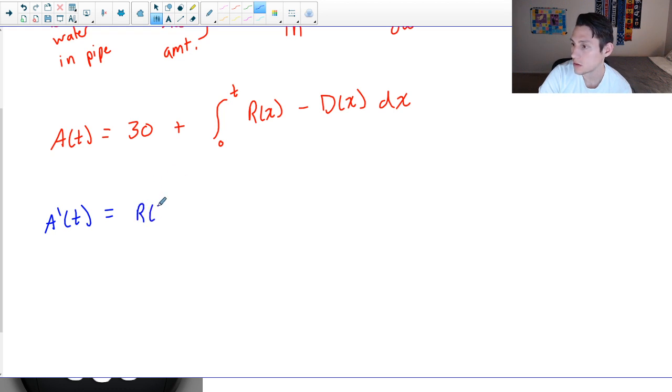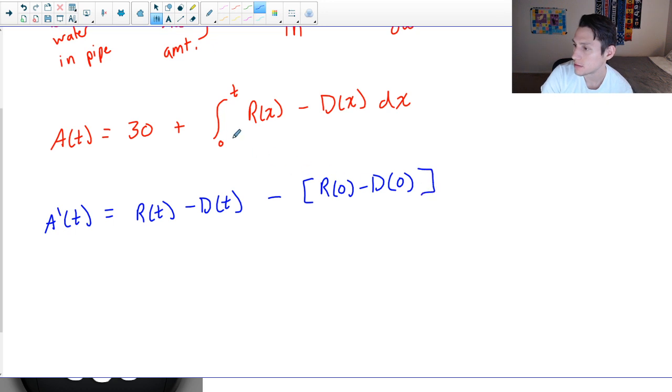So that means we plug in the upper bound, and that's all times the derivative of the upper bound. So this would all just be times 1 minus, plug in the lower bound, so r of 0 minus d of 0, but times the derivative of the lower bound. So derivative of 0 is 0, so that's times 0. Okay, so actually this part isn't important at all.